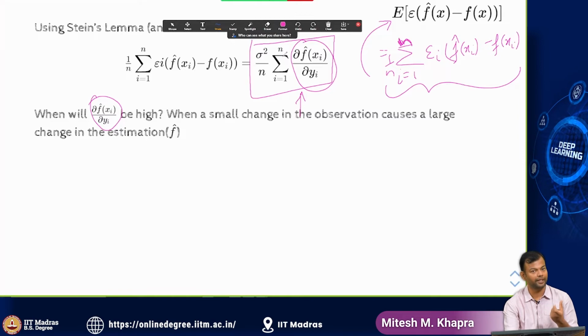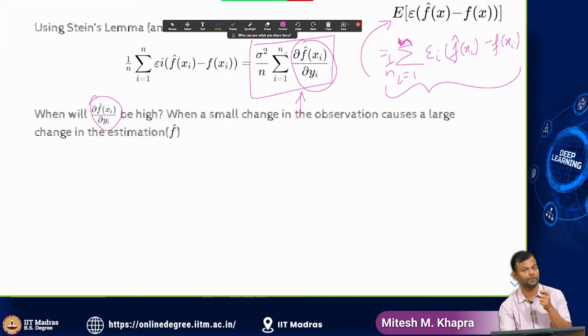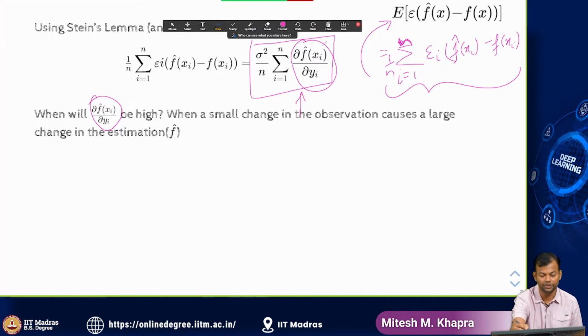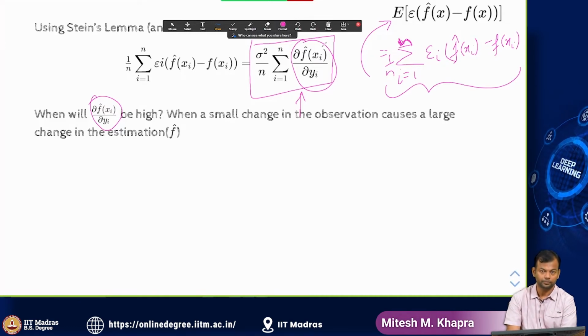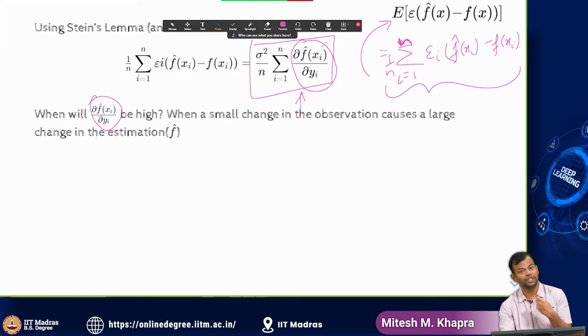This is a derivative. So what does that mean? That if you have a small change in the observation, then it causes a large change in the estimation.